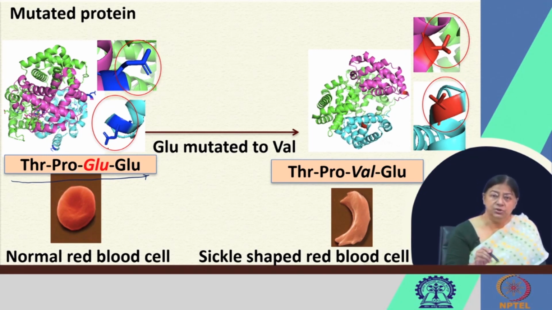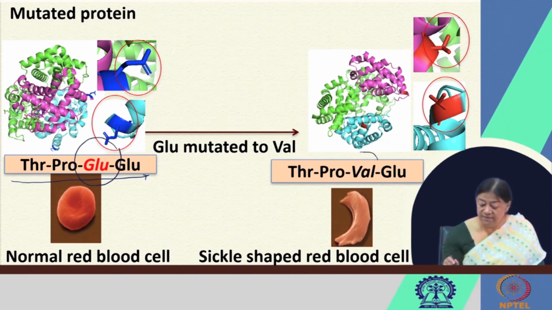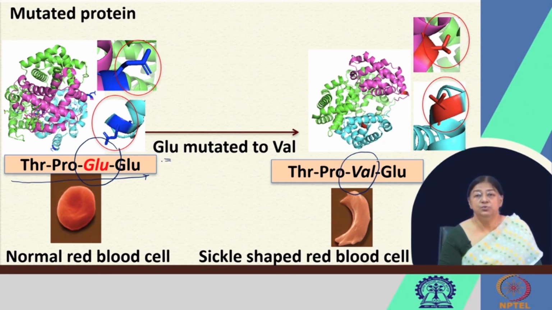The change, or the mutation, in this case is from a glutamic acid to a valine. Now, a glutamic acid, as we looked at the structure, has an acidic group to it. Valine, on the other hand, is a hydrophobic amino acid.